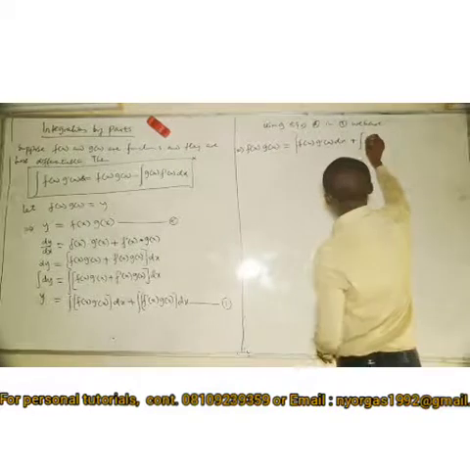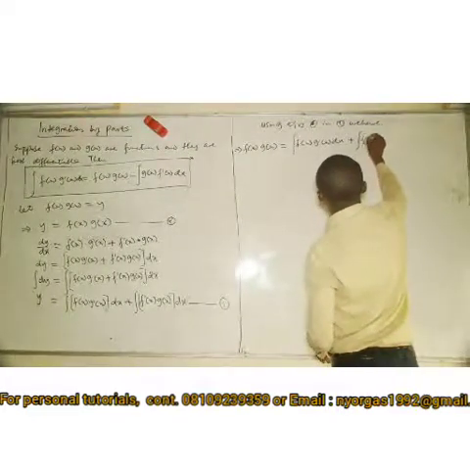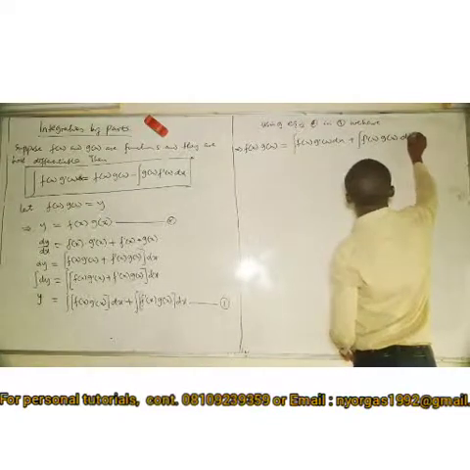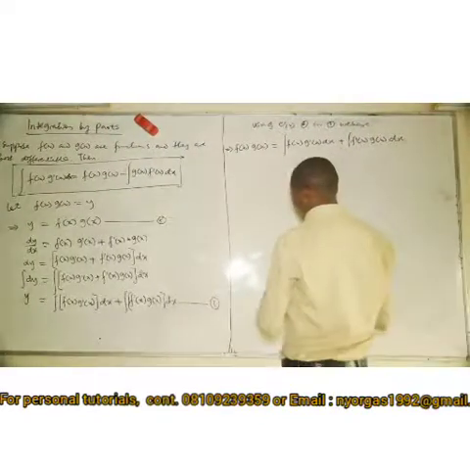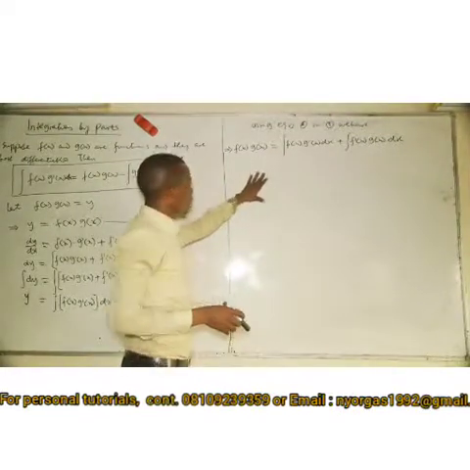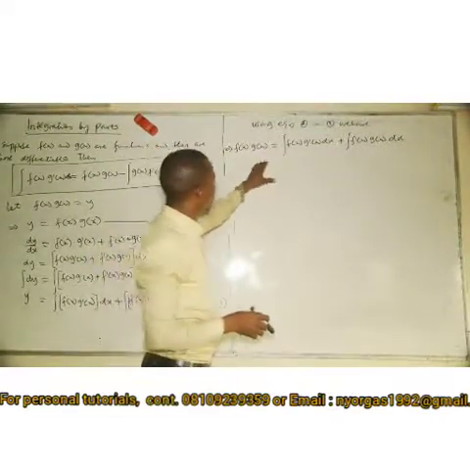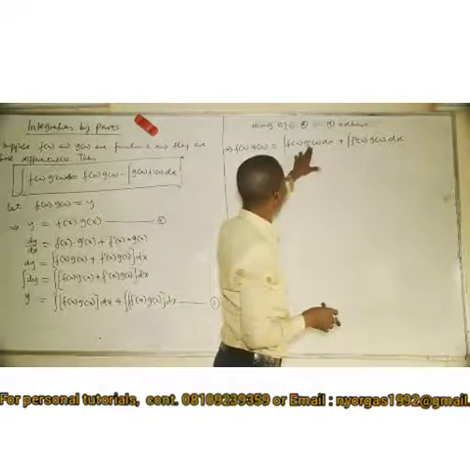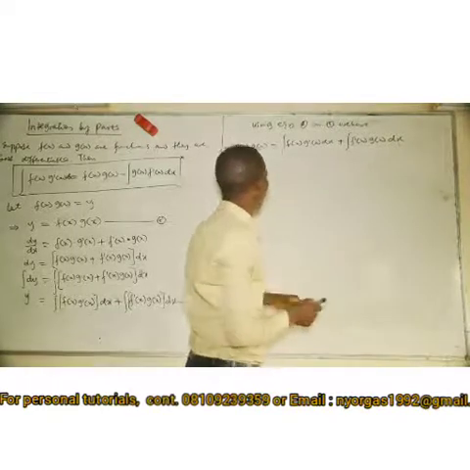plus the integral of f prime of x g of x dx. Now this is what you have. We'll now make the integral of f of x g prime of x dx the subject of the formula.